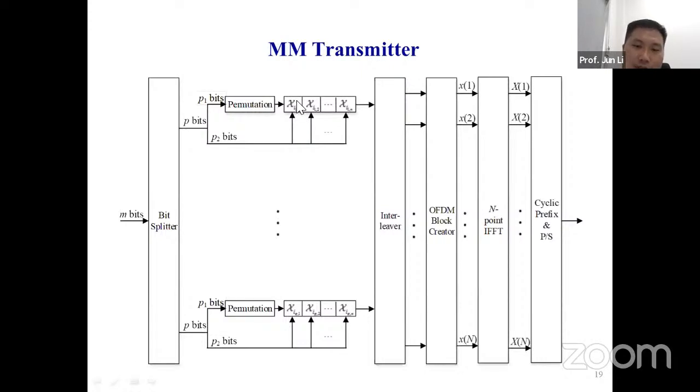So we just keep in mind that the permutation of constellations will give the index space in the MM OFDM-IM system.